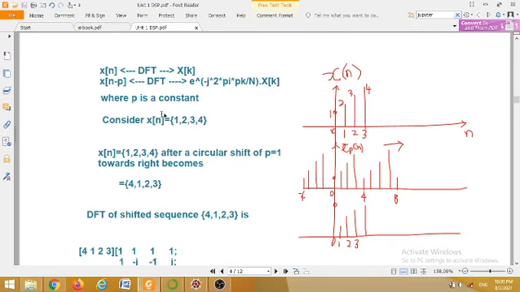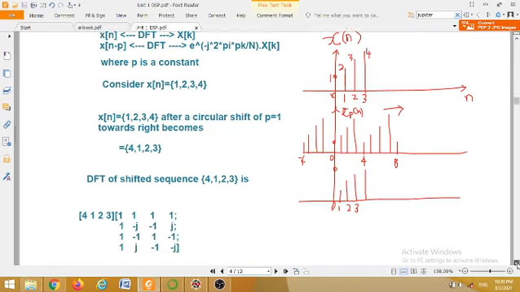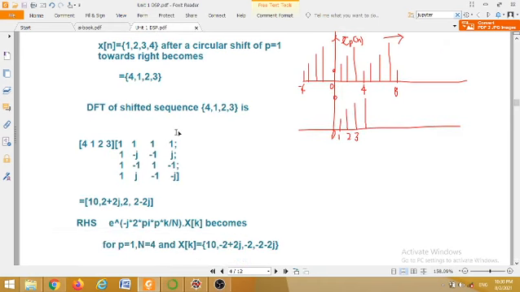The last sample becomes the first sample, and the remaining samples are shifted by 1 unit. After a shift of 1 unit towards the right, the new sequence is 4, 1, 2, 3, and the DFT of the 4, 1, 2, 3 sequence, on substituting, gives 10, and the second one is 4 minus j minus 2 plus 3j.